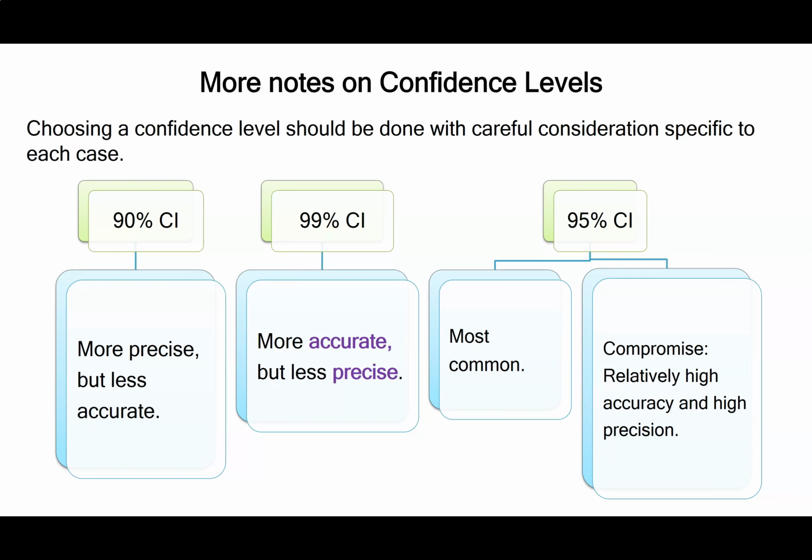It's not quite as narrow as the 90, but it's not so wide as the 99. It's 95% of the time you're making a confidence interval, it works correctly. So 95% is fairly good, but it will depend on how important it is to really capture this parameter.